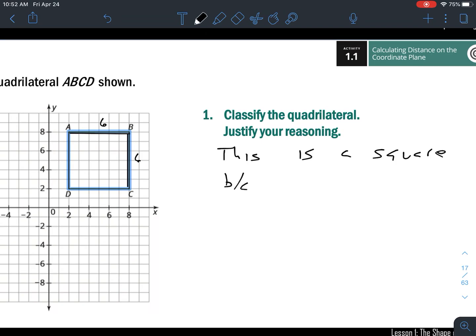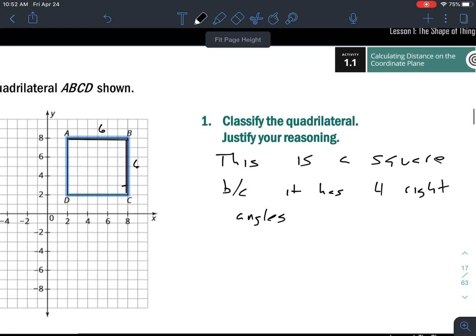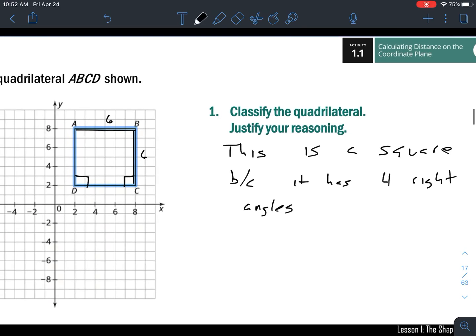because it has 4 right angles, meaning right here in the corner. This is something that's going to be coming up in Math 2 next year for you guys.